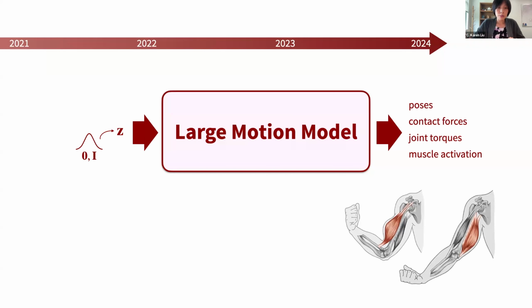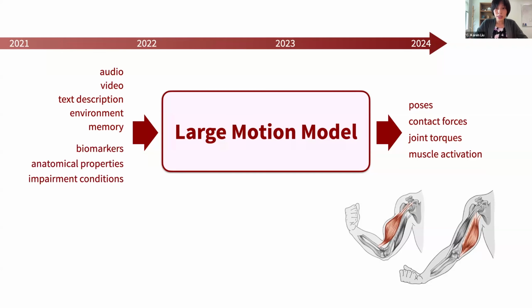And we can condition this model on practically anything, if you have data like audio, video, text, and other stuff. If we have labeled medical data, we can also condition on physiological parameters or biomarkers of a subject.